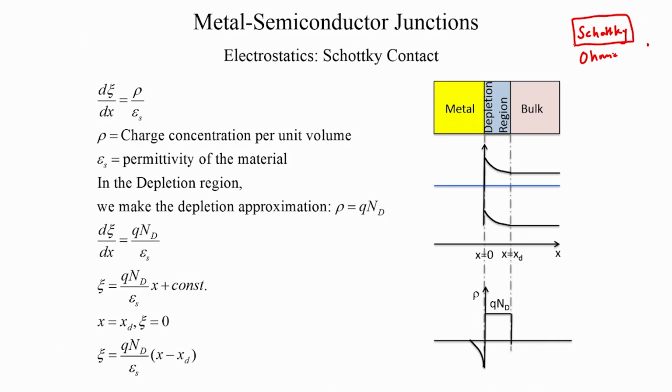And we will always consider the Schottky and ohmic contacts for the n type semiconductor. What we would like to do is firstly study the electrostatics of the junction and then look at the current voltage characteristics. We will then take the material out of equilibrium and study the current voltage characteristics.